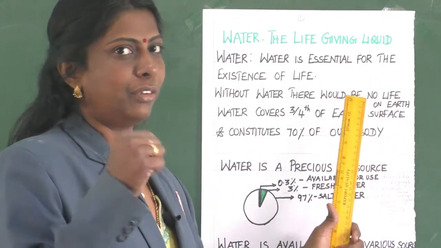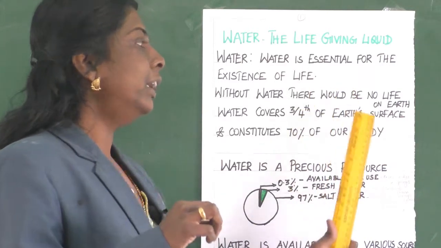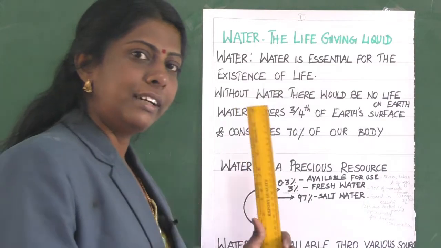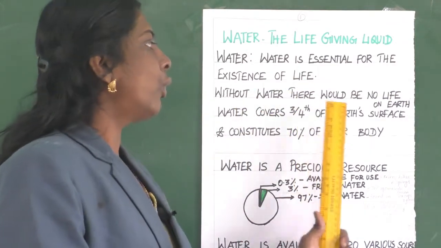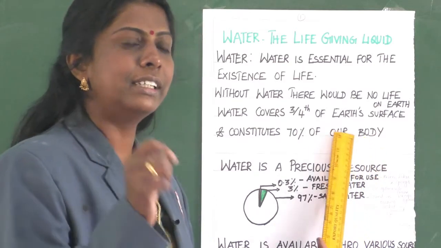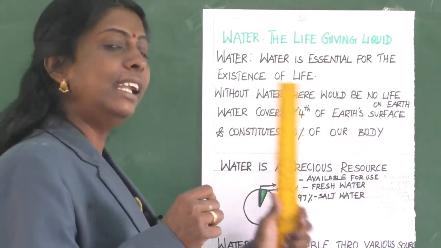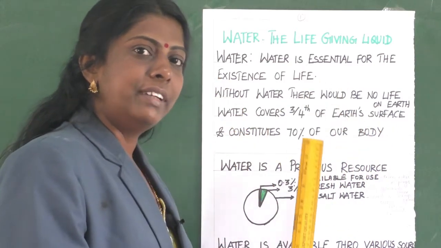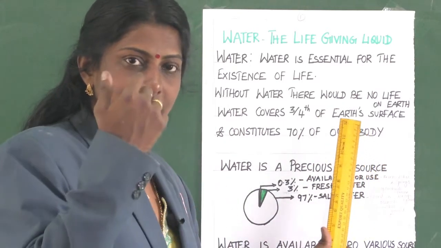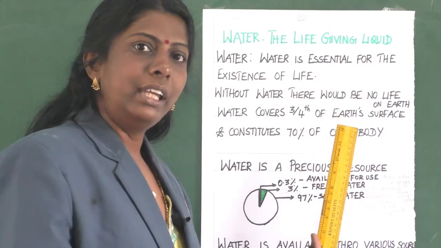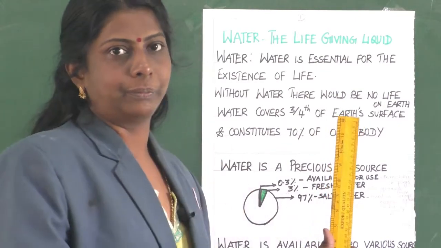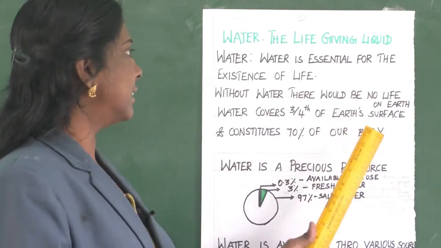Water covers 3/4 of earth's surface and constitutes 70% of our body. So 70% of a human body is constituted of water. Clear? Yes.